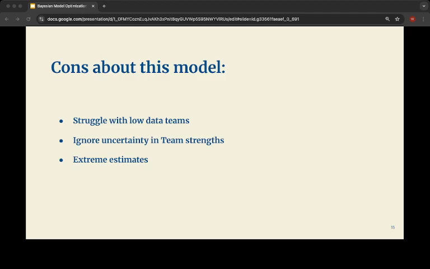The cons of this single-level model could be that it overfits easily, and extreme values could happen because a small data set means there will be an uneven portion of team match records.